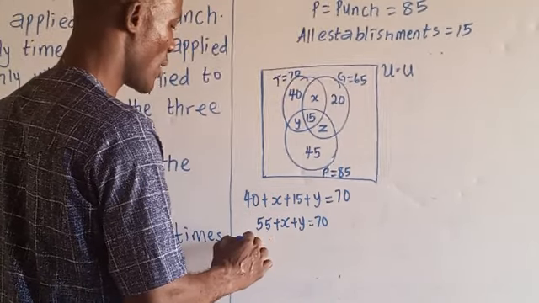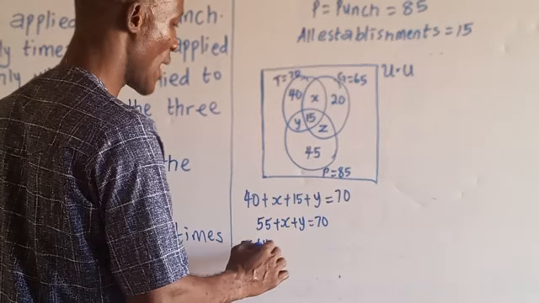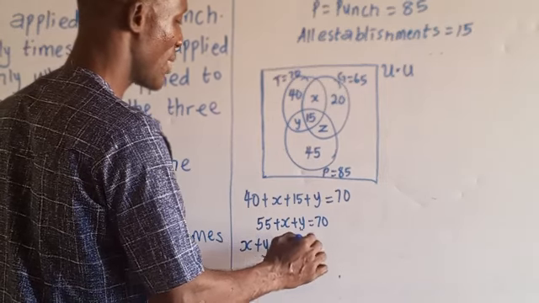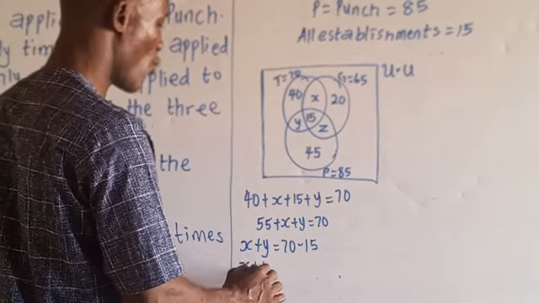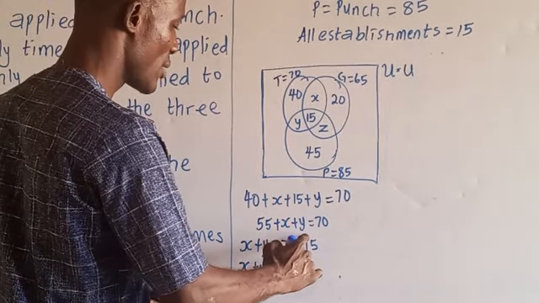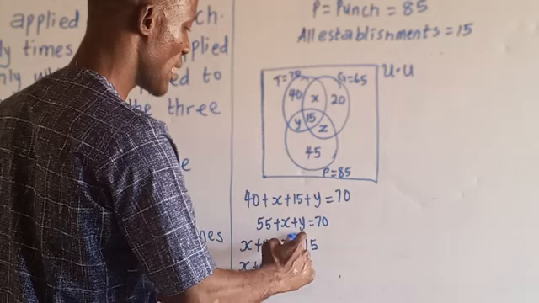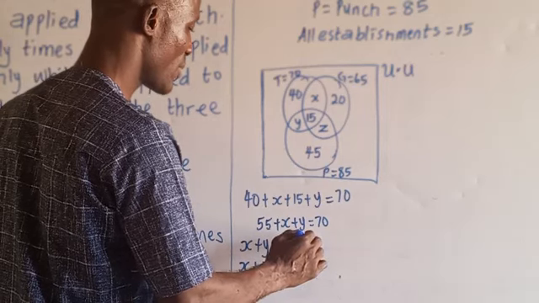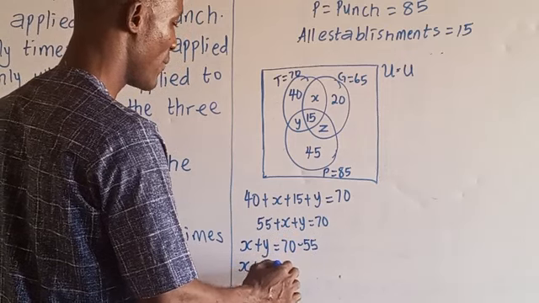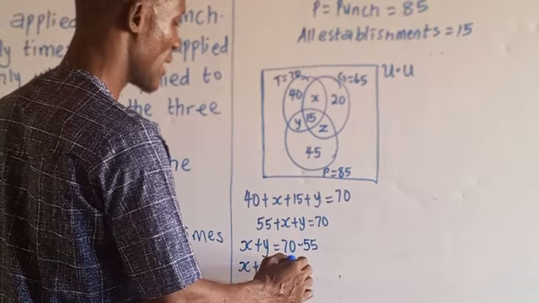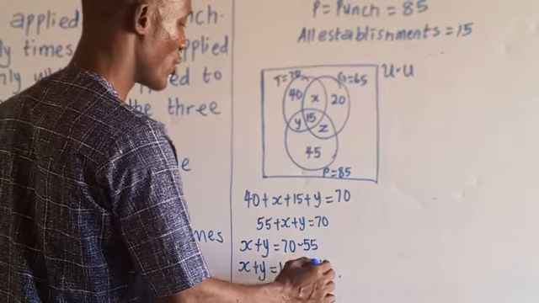Collecting like terms, X plus Y equals 70 minus 55, which is 15. This can be denoted as equation 1.